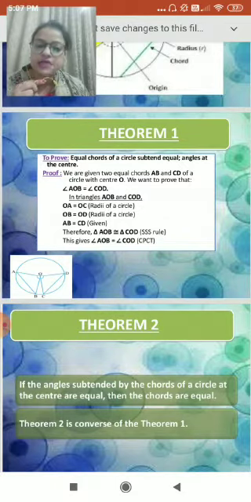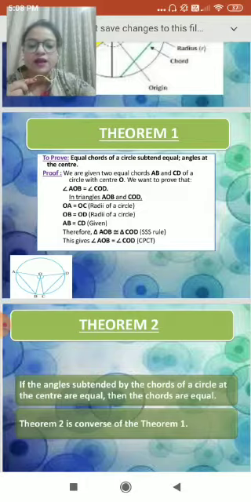Also AB is equal to CD, which is given in the question. Therefore triangle AOB is congruent to triangle COD by the SSS rule, that is side, side, side. This gives angle AOB equal to angle COD by CPCT, corresponding parts of congruent triangles are equal.